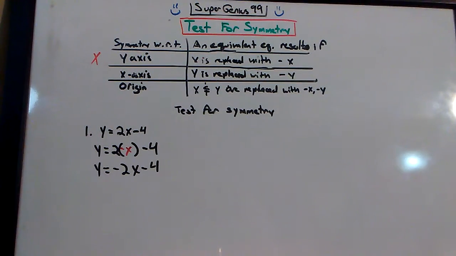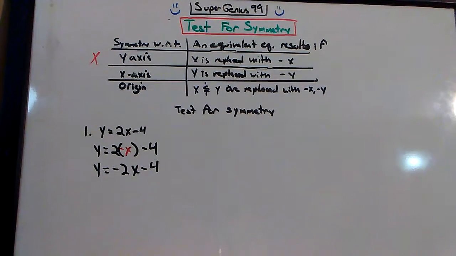Let's see if it's symmetrical to the x-axis. Okay, so if it's symmetrical to the x-axis, I replace the y with the negative y and get the same equation. Let's see. So I'm going to replace y with the negative y.